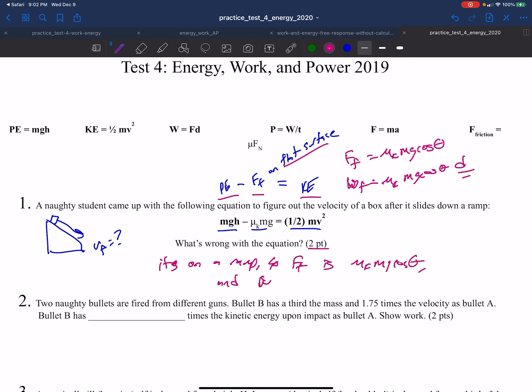And we need work, and that is mu sub k mg cos theta d. All right, that's the problem. This is what belongs there. And again, if you haven't been doing your homework and you haven't been paying attention, you might not realize what's wrong with this term right here. But for those of you that are caught up, you hopefully should see that right away.